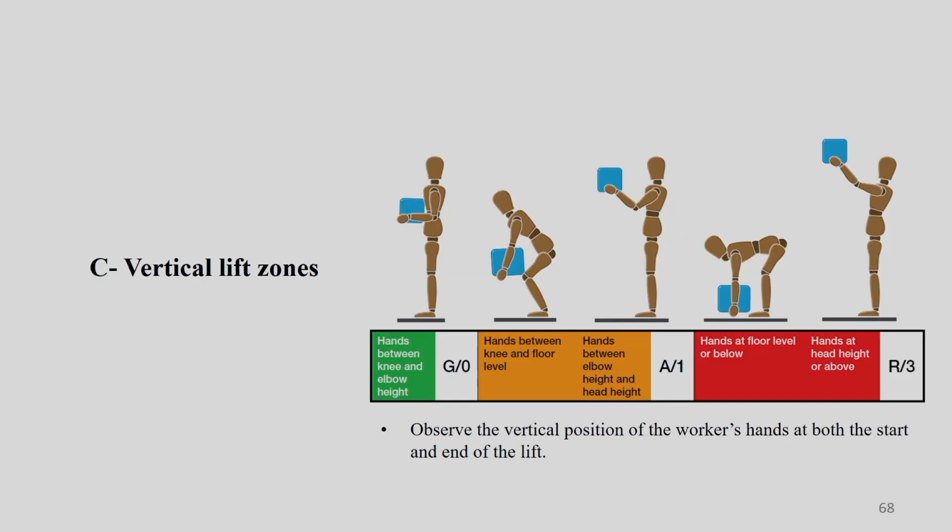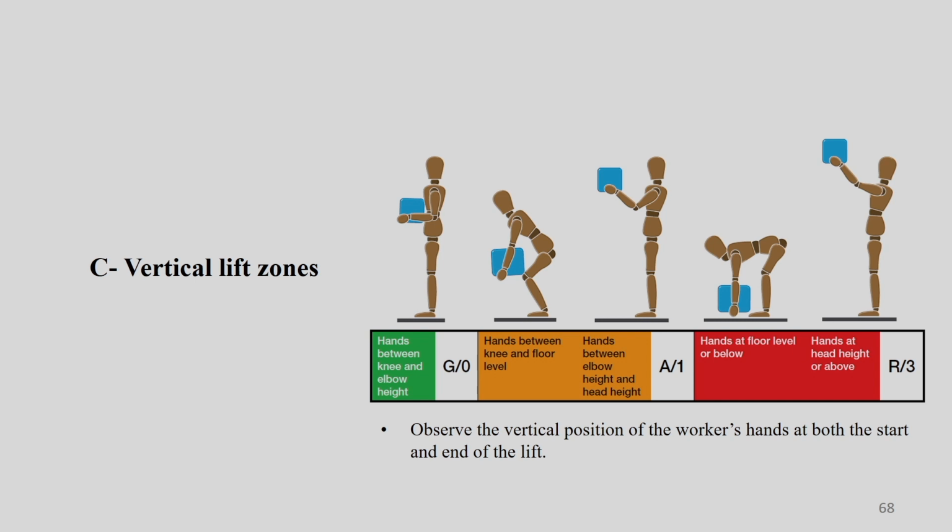Now, let us move ahead with another factor, that is the vertical lift. We are talking about lifting. Lifting means you are holding it and lifting it. So you have to talk about the lift. What kind of lifting is happening? What you need to do is observe the vertical position of the worker's hand at both the start and end of the lift.